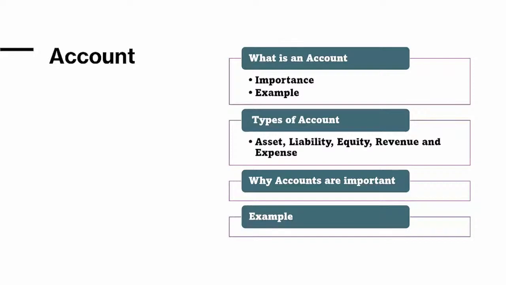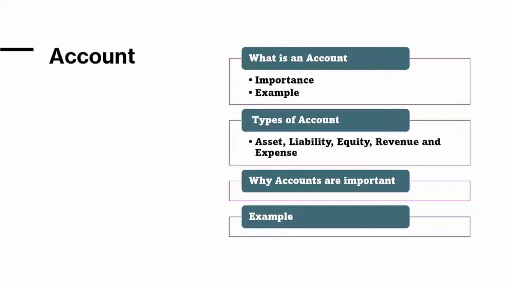Quick example of using different accounts. Imagine you own a coffee shop. When you sell a cup of coffee for $5, you'd record it in the sales revenue account. If you pay $3 for the coffee beans, you'd record that in the expense account under supplies expense.